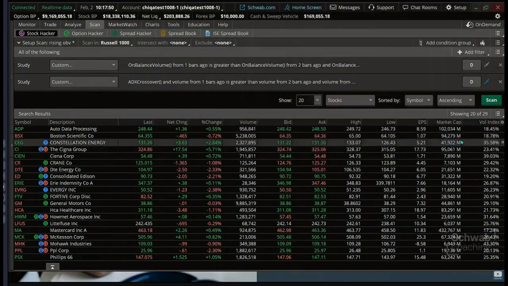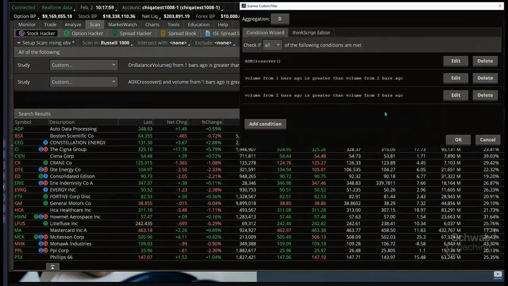We could do it another time if we wanted, but let's just look at what we have now. So we have a rising on-balance volume, and for this one, we have it for the last 2 days.